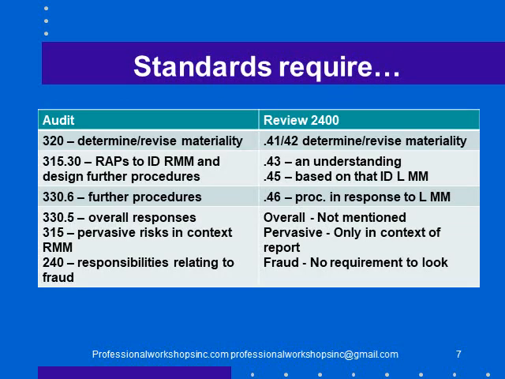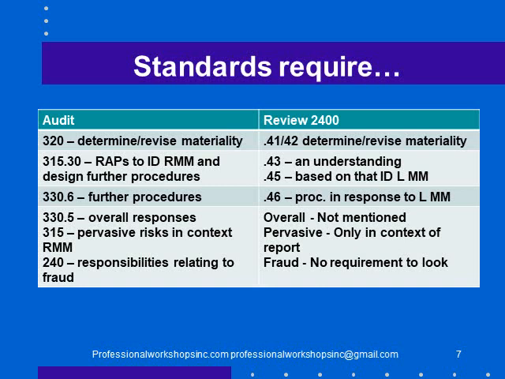Now, standards require, let's compare audit and review standards. 320 requires us to determine and revise materiality, and 2400, 41, and 42 have the same requirement. 315 and 330 require risk assessment procedures to identify the risk of material misstatement and design further procedures. 43 and 45 in the review section basically do the same thing.